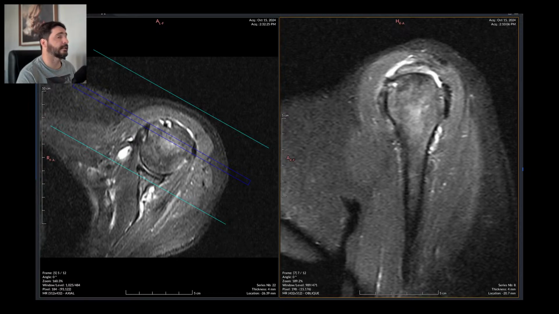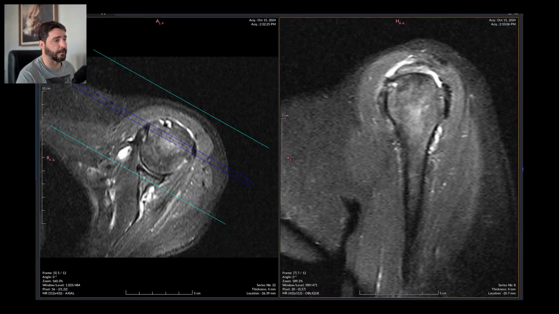Oh, this patient has his right shoulder too. He does. So let's open up the right shoulder and download the images. It's usually quite the same from one side to another, so I'm just going to copy and paste stuff from the other side.